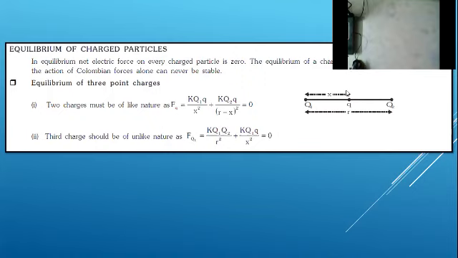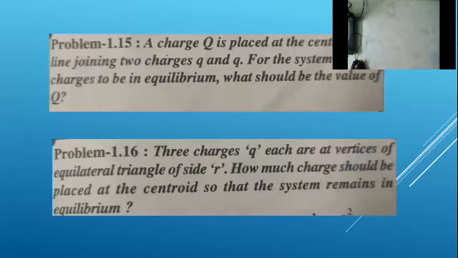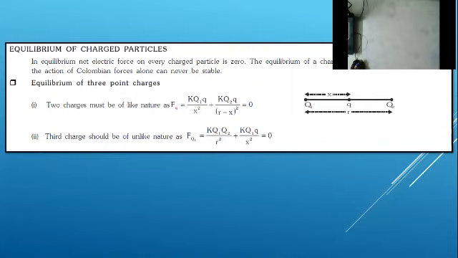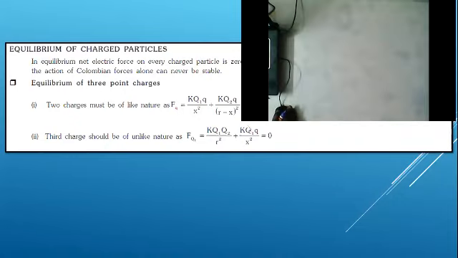Now, equilibrium of charged particles. We already know that whenever two charges are separated by a certain distance, they experience a force. Now, what should be another charge placed such that all three particles are in equilibrium?